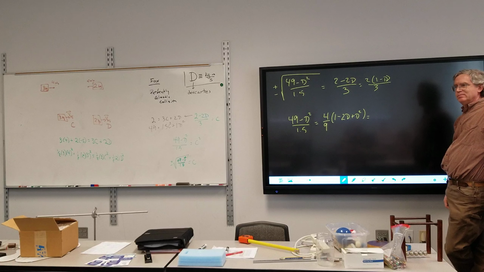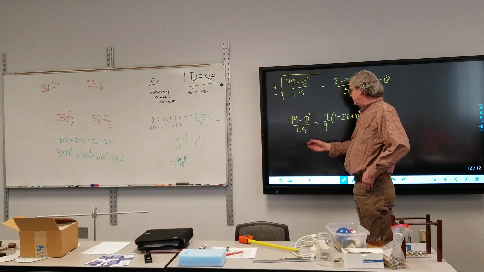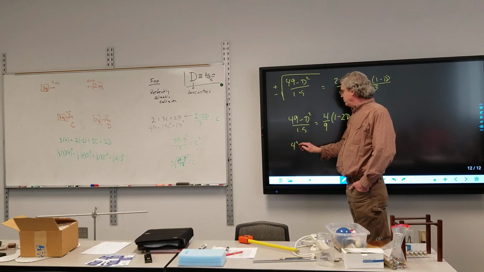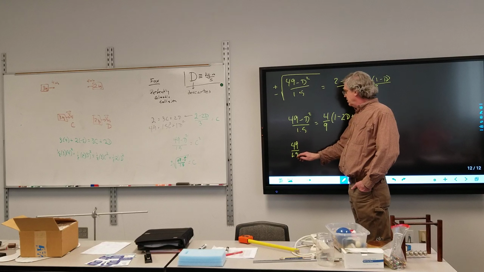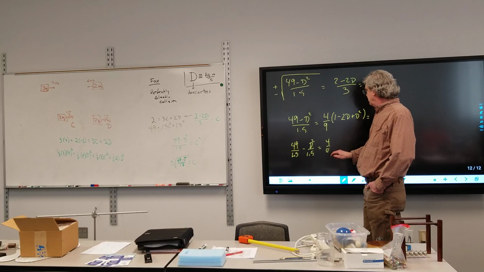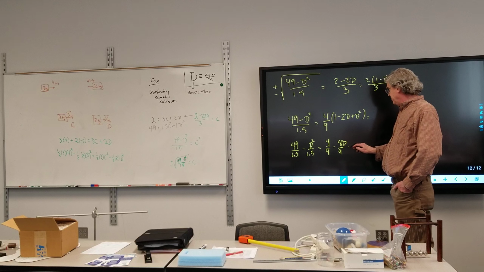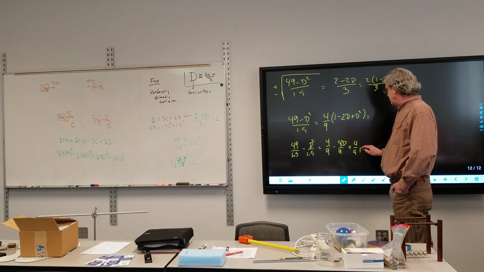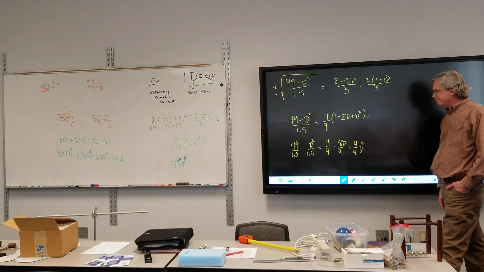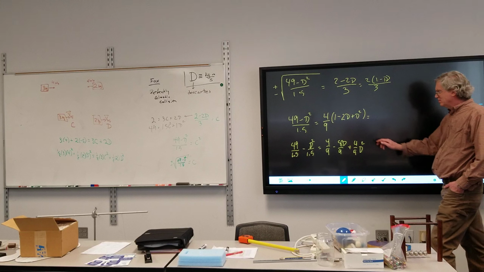So this, we put in quadratic form. First, I have 49 over 1.5 minus D squared over 1.5 equals 4/9 minus 8D over 9 plus 4/9 D squared. I'm just going to multiply everything by 9 to get rid of my fractions.